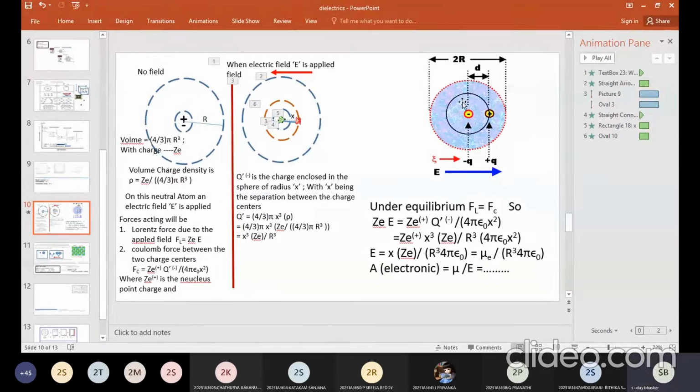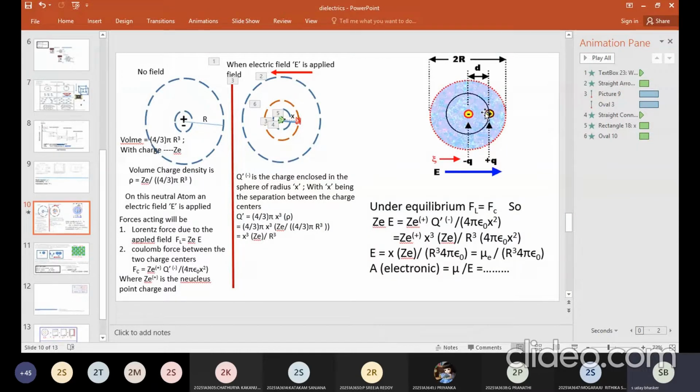So if you want to find the net force between these two separated charges, the negative charge and the positive charge, you have to find Q1 Q2 by 4 pi epsilon naught r square, where r is the distance between the two charges.